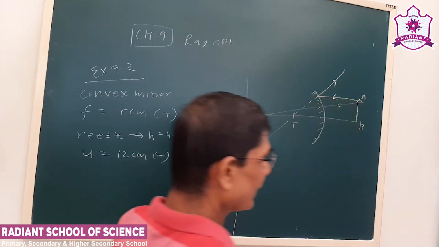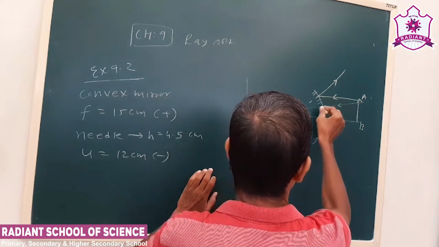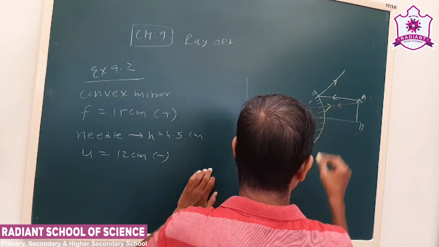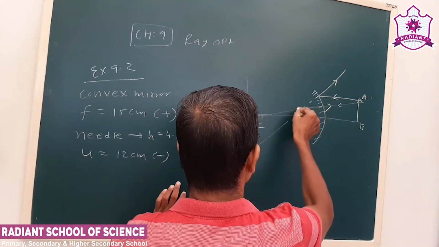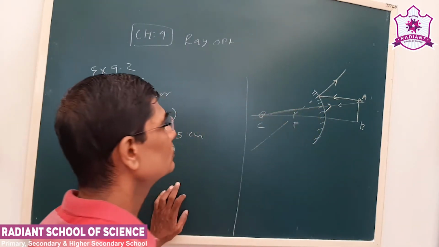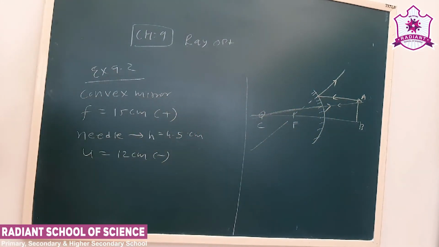The ray is incident like this, we assume it passes through F, actually it diverges like this, but we extrapolate again. It will pass through C.